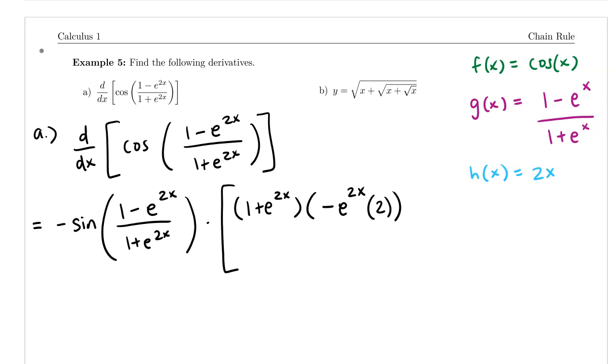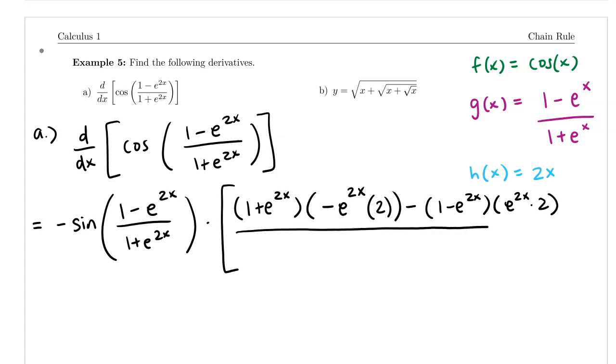And then minus, so we did bottom times the derivative of the top, minus the top function times the derivative of the bottom function, which would be e to the 2x times 2 again, all over the bottom function squared.